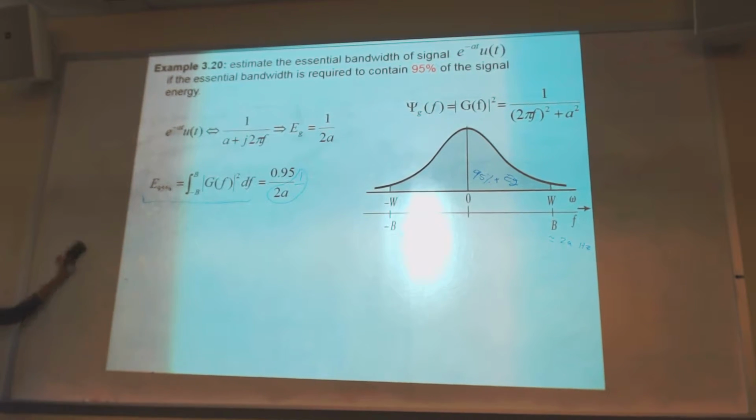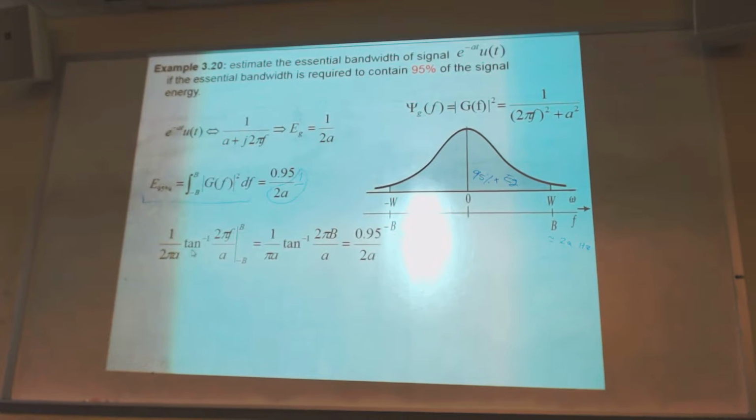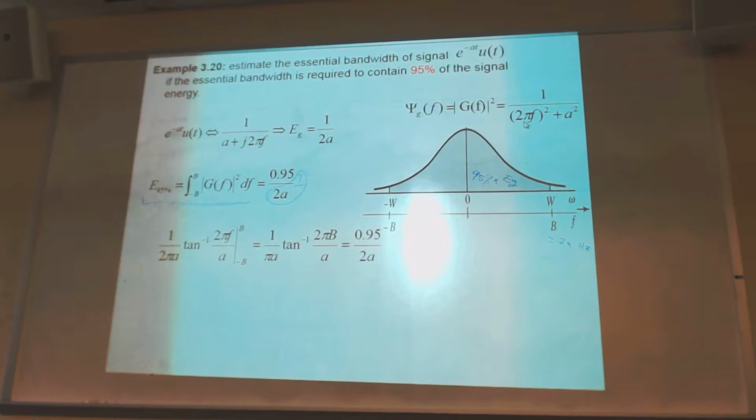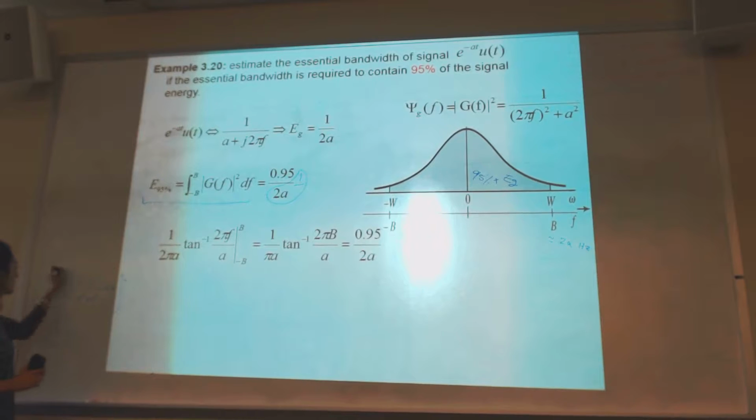It's a good exercise. So here's just the final answer: tangent inverse of 2 pi f over a, and then divide it like that. Please figure out how the integral of this works. That shouldn't be very hard. Look it up, probably at the end of your book.